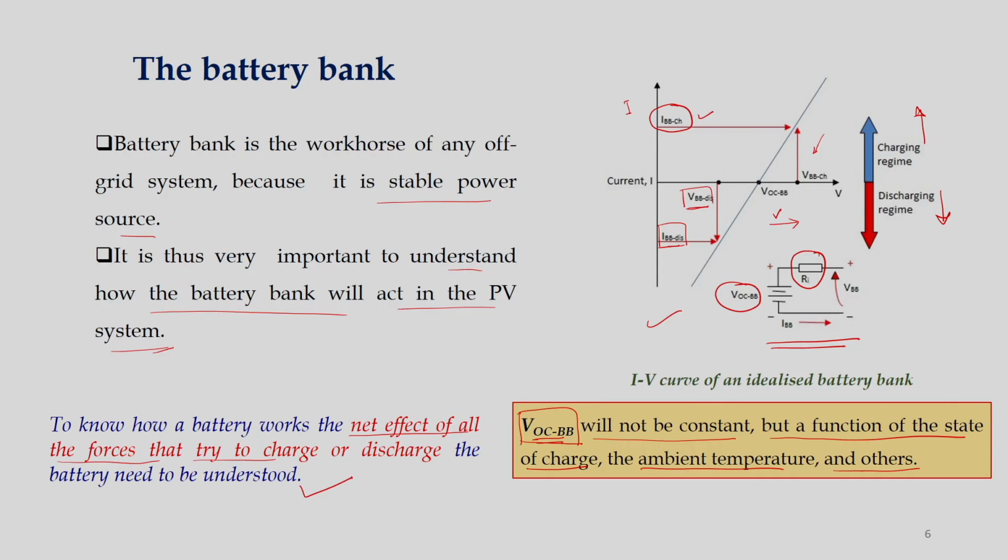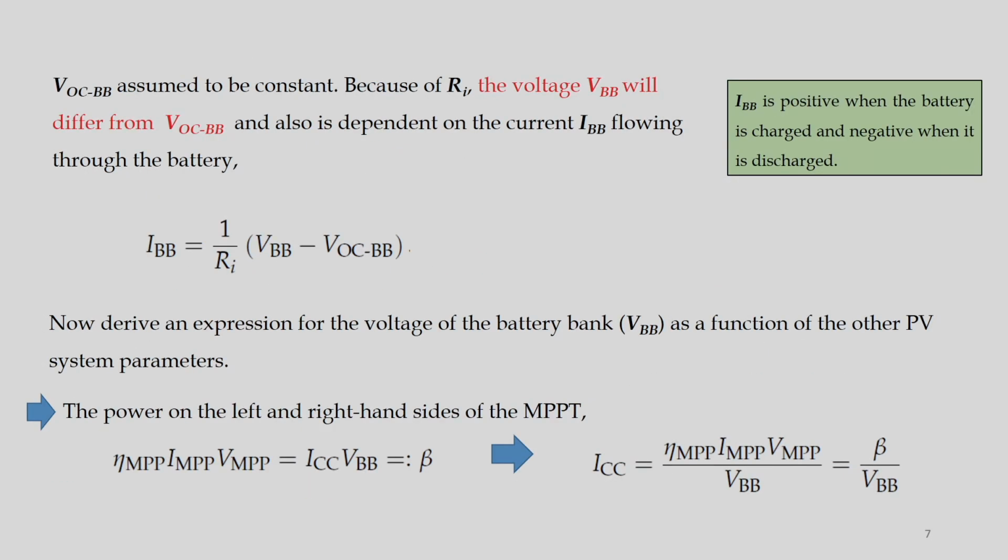So, as we said, this V_OC,BB is assumed to be constant for our analysis. Because of this R_i, the battery bank voltage V_BB will differ from the open circuit battery bank voltage, and also depends on the current I_BB, the amount of current flowing through the batteries.